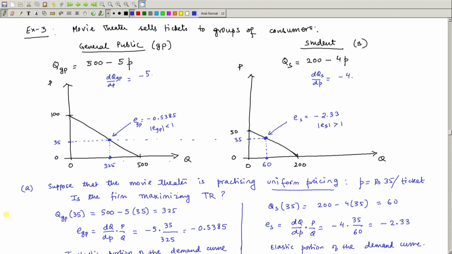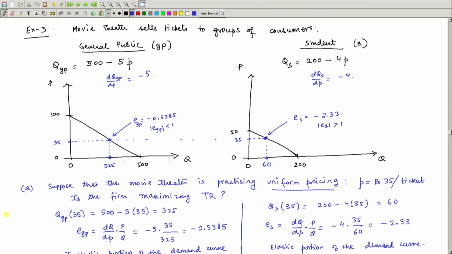Now, think about the student group, right? The price elasticity of demand is a number bigger than 1. Between the two groups, it is typically the student group which is going to be more sensitive to a change in price. Now, because the price elasticity of demand for the student group is a number bigger than 1, if I were to lower the price, then the Q will increase by a lot more.